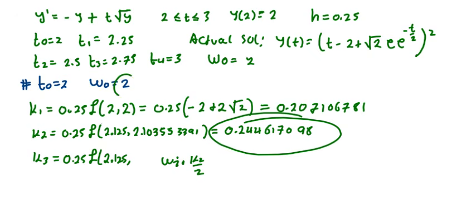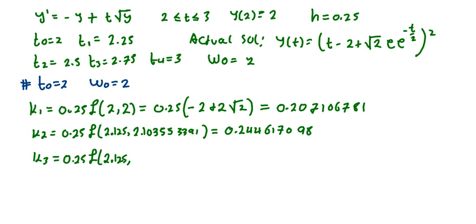What is our Wi? It's a 2. So when you do that, you're going to end up with this value right here. So that would be more like 2.122308549.